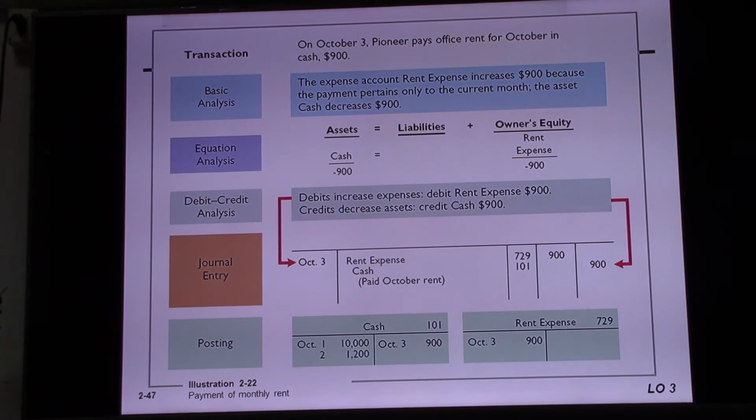In this transaction, cash amount $900 will be transferred to the credit side of the T account by $900. And rent expense, we perform now a new T account for rent expense, and you will transfer this value, $900, from the journal entry in the debit side to the T account in the debit side by $900.